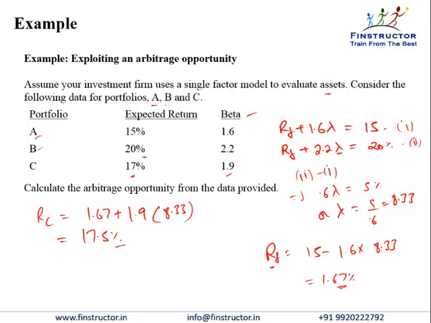So what we see is that corresponding to the risk that stock C is taking, the return is lower.